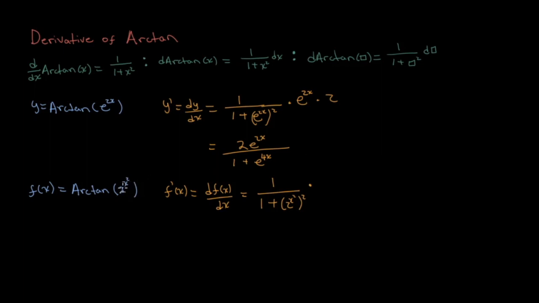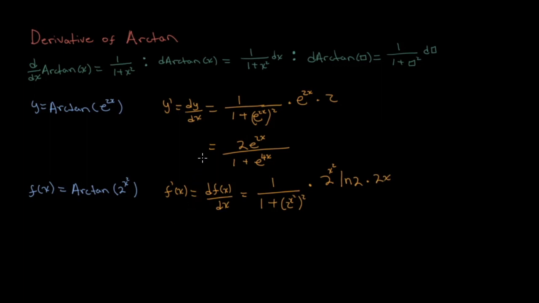So the derivative of this, now if you think back to the video on the derivative of a general exponential function, it's going to be 2 to the power of x squared ln 2 times the derivative of this here, which is just going to be 2x.